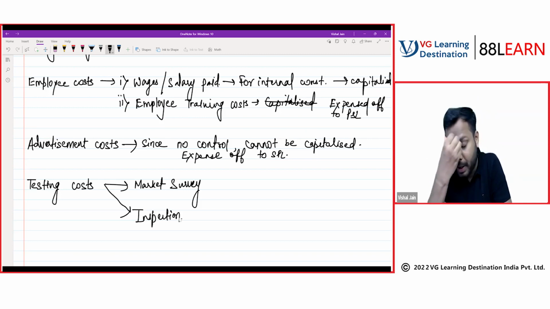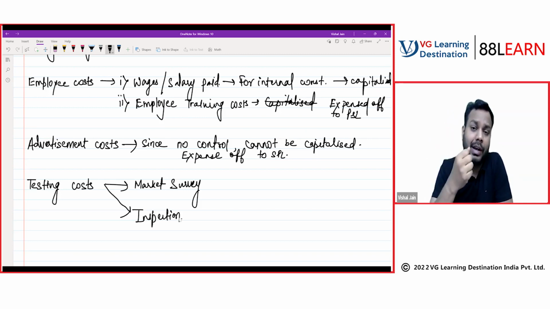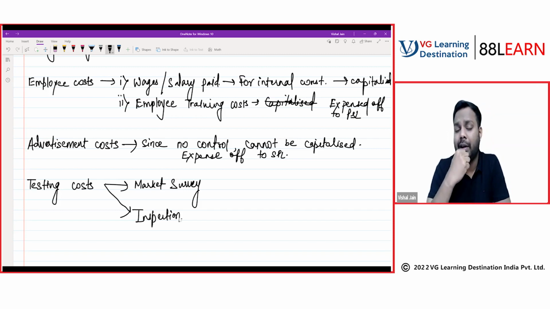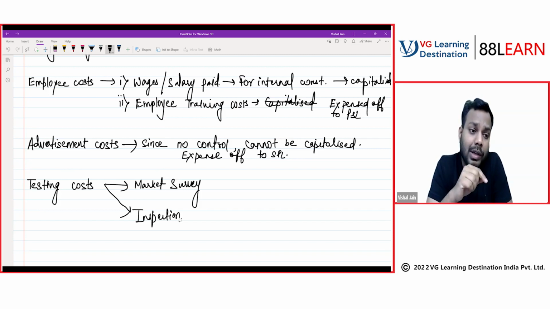I'll give you a better example, like airline industries. Whenever they purchase any Airbus, before starting it for the general public, they first inspect it, and inspection costs around 100 or 200 crores.